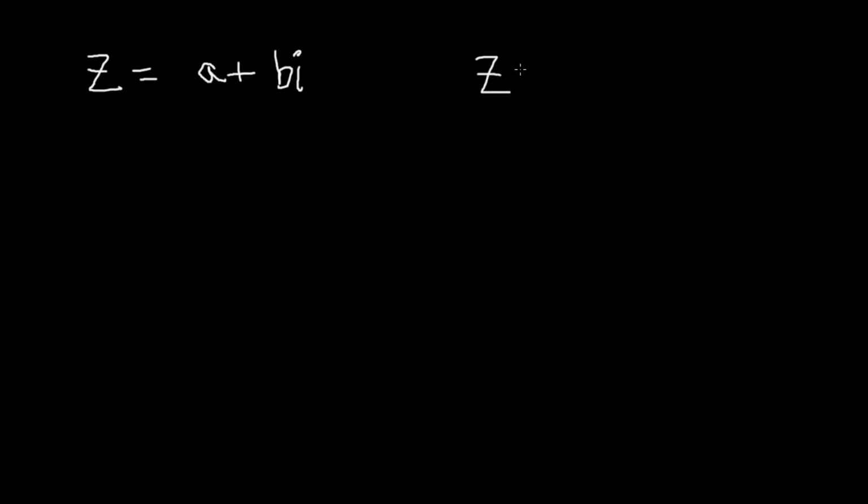The polar form of a complex number is r times cosine theta plus i sine theta. That is the polar form. r is the radius of a circle and theta is just the angle.